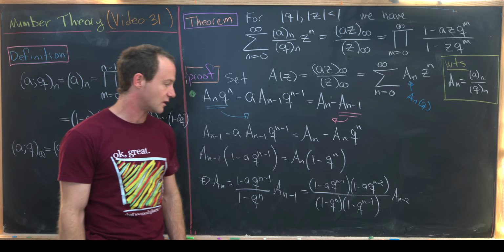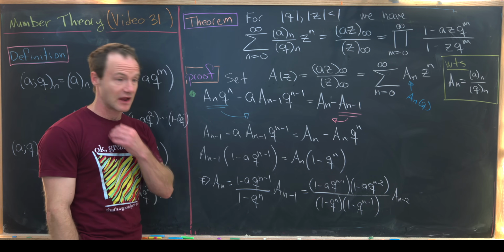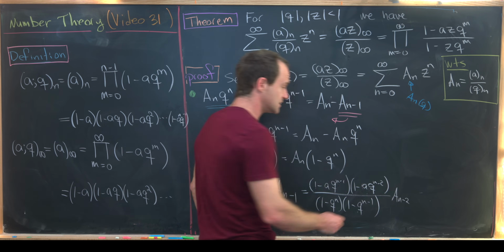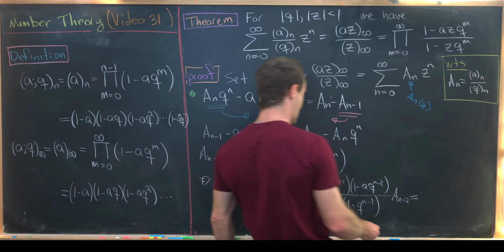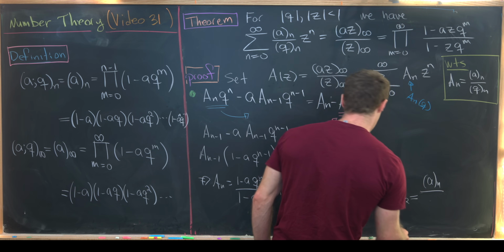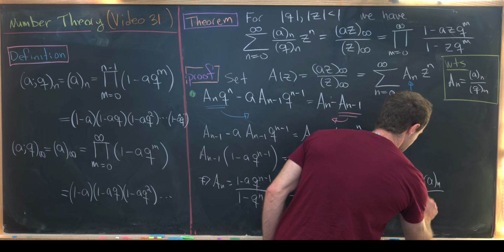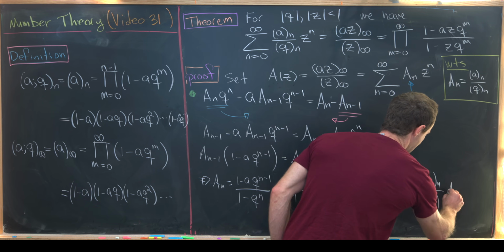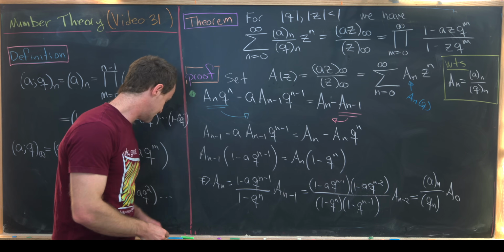And in the denominator, we'll have the same thing with a replaced with q. So just to really spell that out, we will have the Pochhammer symbol (a;q) n in the numerator and (q;q) n in the denominator, times a0.